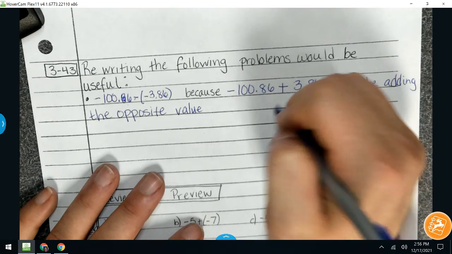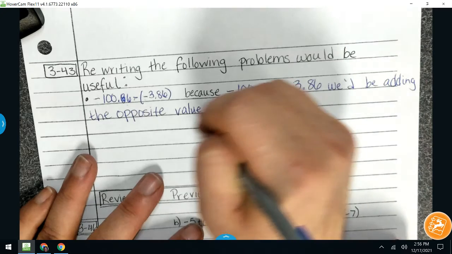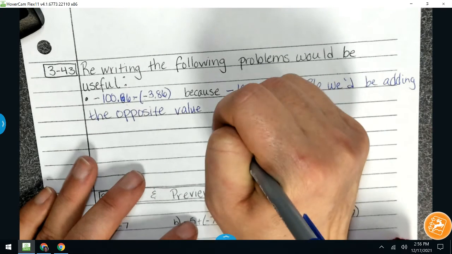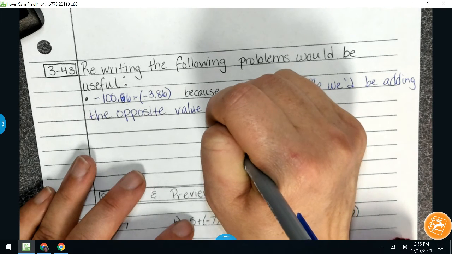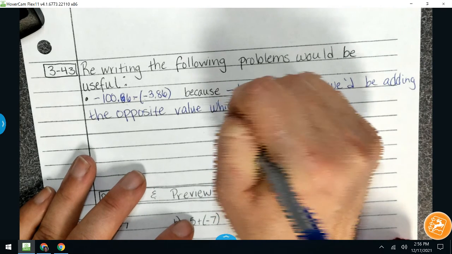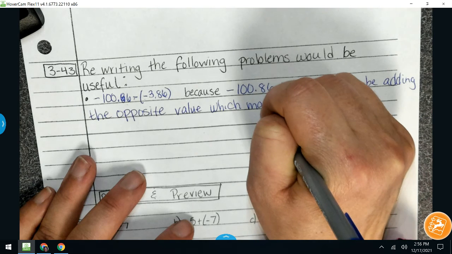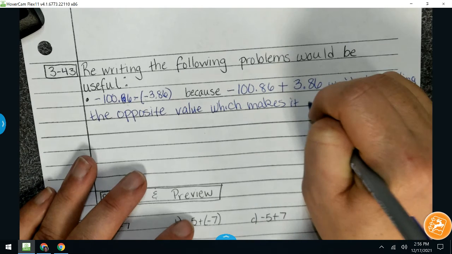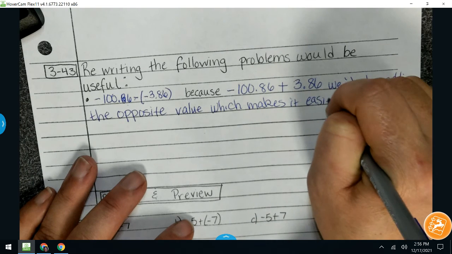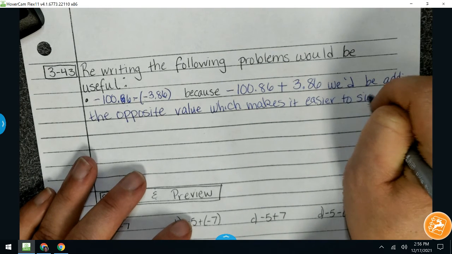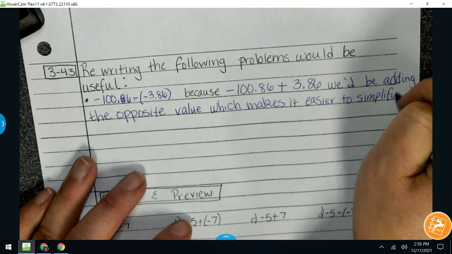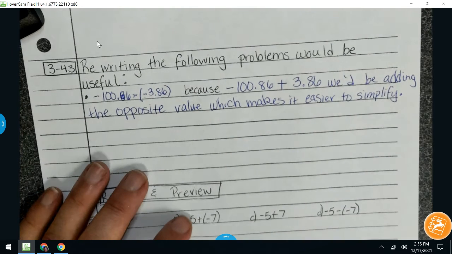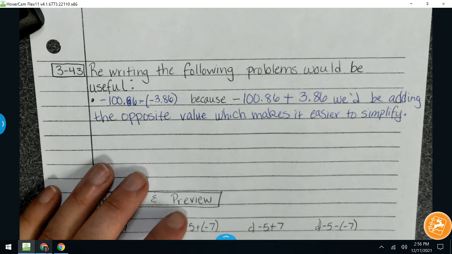It helps me to simplify it easier that way. Adding the opposite value to simplify. Okay. Let's look at the next guy.